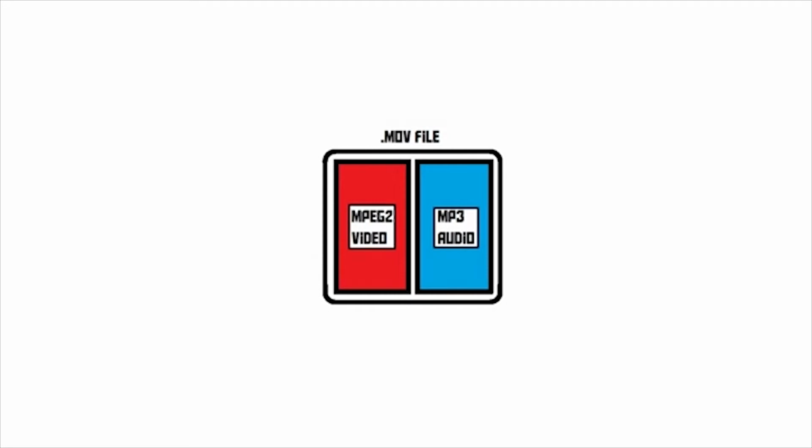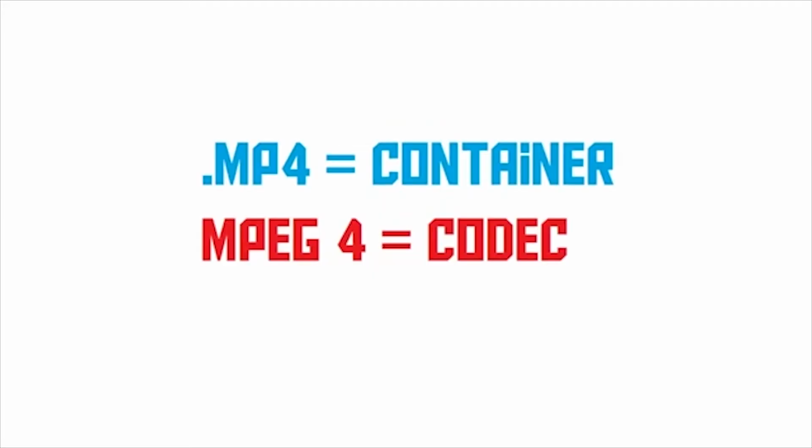So the file extension tells you which container is used, but it doesn't tell you what codecs are used to encode the video and the audio. Something that can be quite confusing as well is that there are codecs that have the same name as a container. For example, there is a .mp4 container, but there is also an MP4 codec.